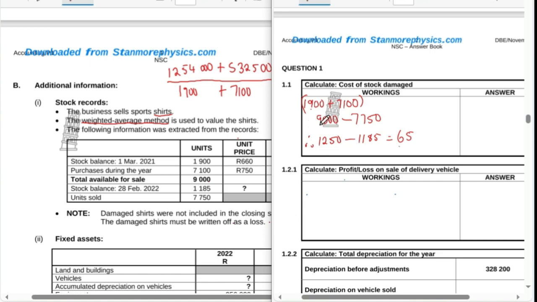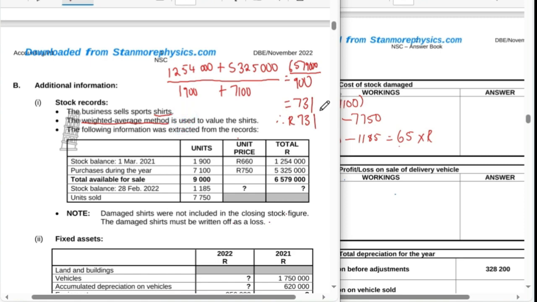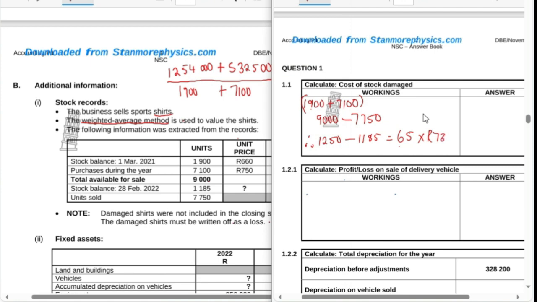And then because we are looking for an amount, these units will be multiplied by our weighted average price, which is 731, and then our final answer will be 65 multiplied by 731 rand, and then we lost 47,515 rand. So this is the amount of stock that was damaged in the business and it's lost.